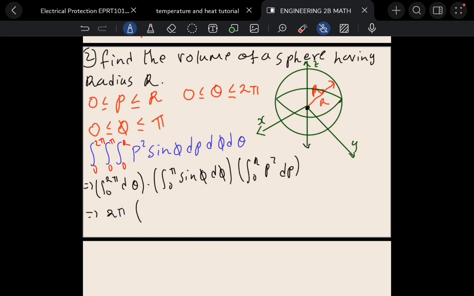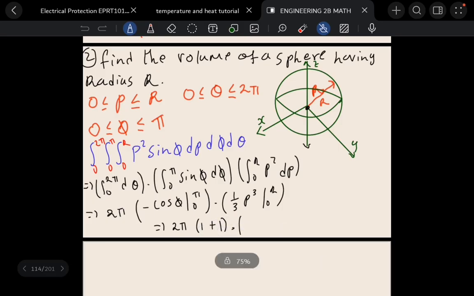And here what you need to understand is that it is going to be negative cos phi between 0 and pi. And then for rho, it's 1 over 3 rho cubed between 0 and r. Now if you substitute it correctly, I'm going to have 1 plus 1 times 1 over 3 r cubed.